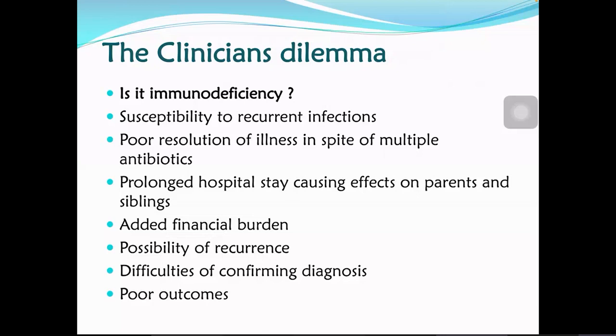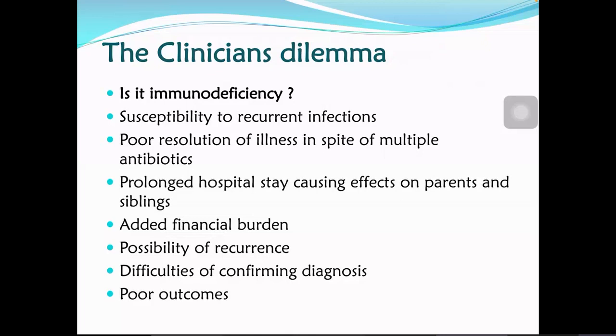So, first of all, a normal child may actually have up to 10 to 12 upper respiratory infections per year. Basically, they could have one upper respiratory infection, which may be associated with fever, which may settle without any specific treatment.